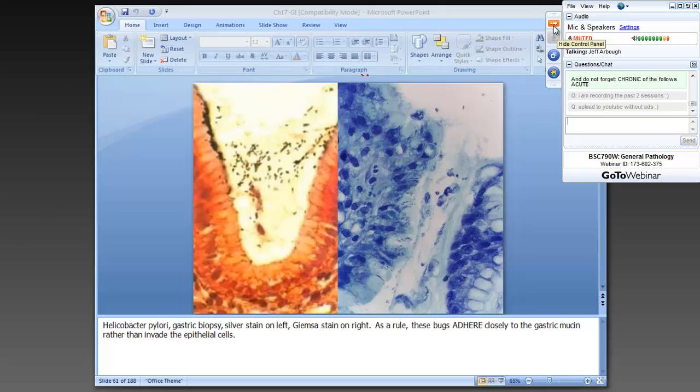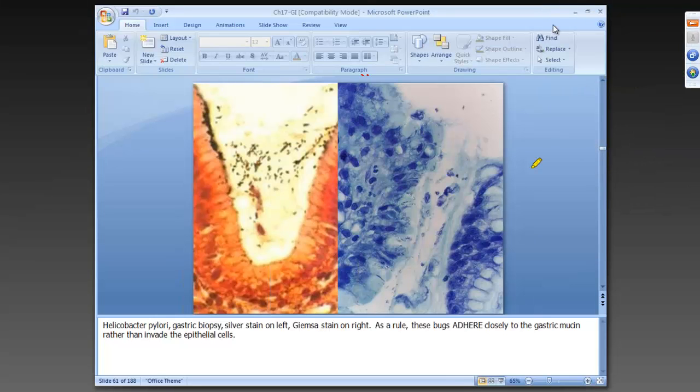Now we go to our friend, what I characterize as our sociopathic bacteria, Helicobacter pylori, right? Gastric biopsy here with silver stain on the left and Giemsa stain on the right.